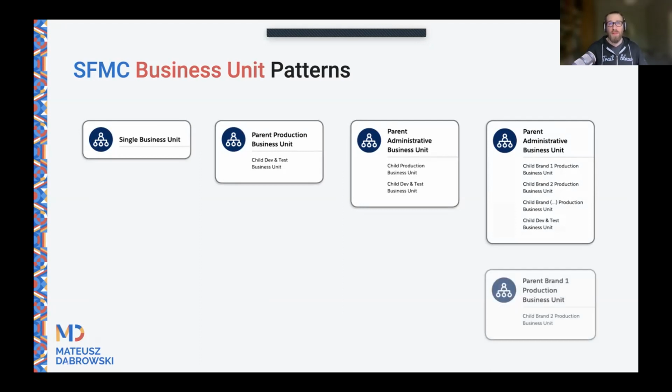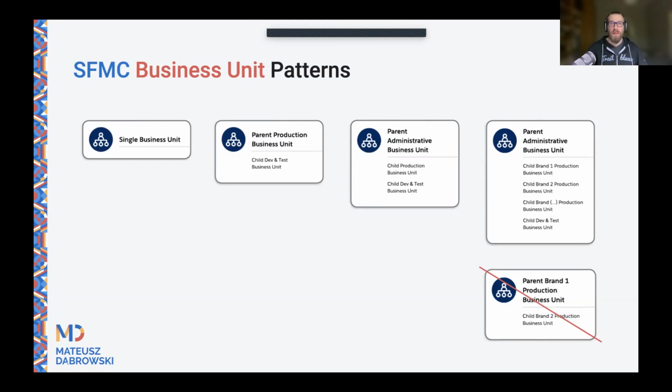And going back to what I was mentioning earlier, I wouldn't recommend going with this configuration where you have one brand or one market, or generally one production on the parent and another one on the child, because it will be problematic for separation of the data, for controlling those accounts, and migration of the already existing, already production ready Marketing Cloud business unit is quite hard.